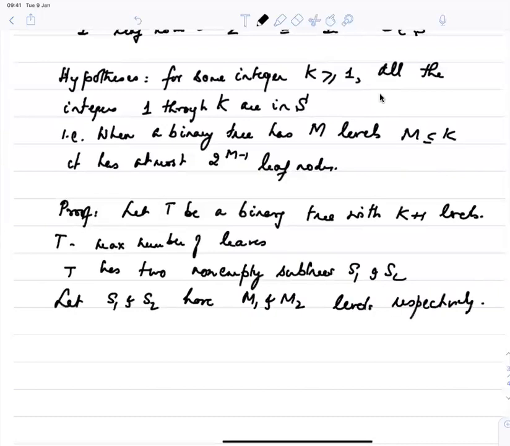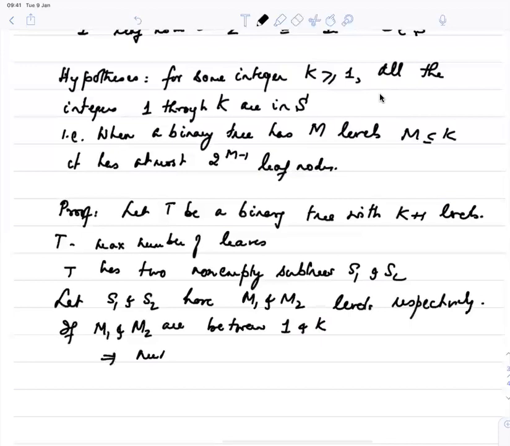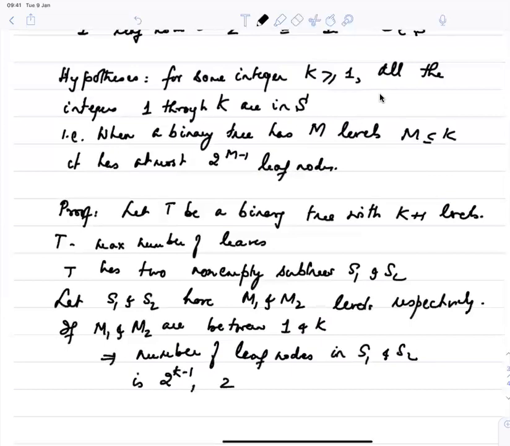So if M1 and M2 are between 1 and K, this implies the maximum number of leaf nodes is 2 to the k minus 1 in S1, and 2 to the k minus 1 in S2.